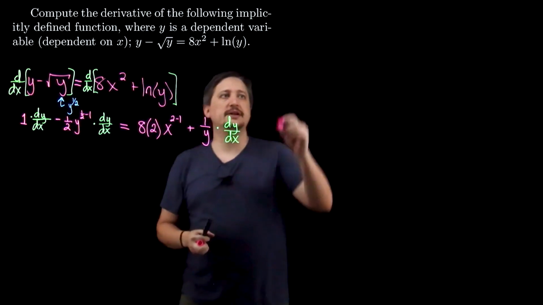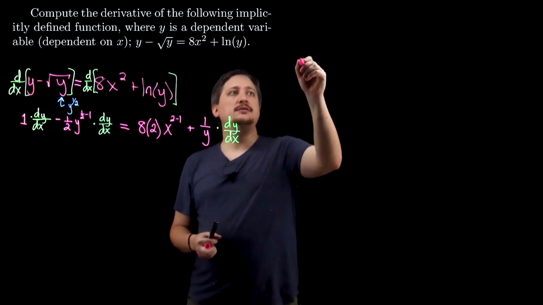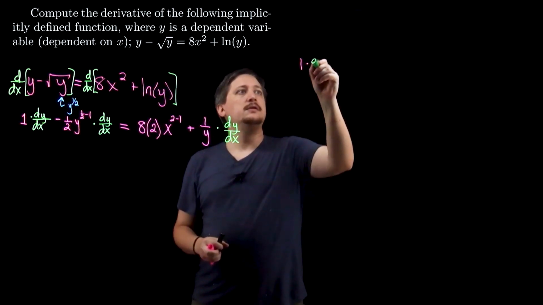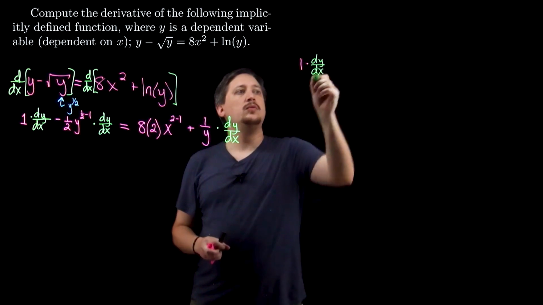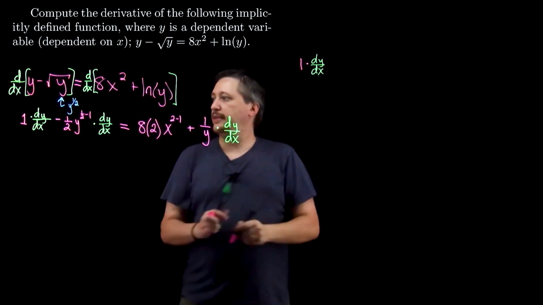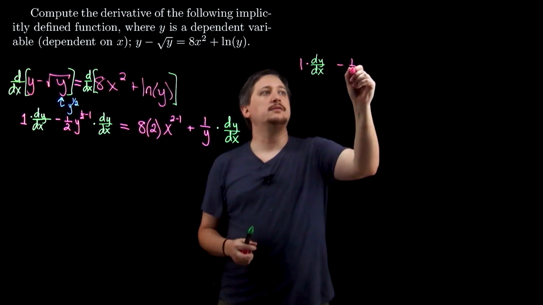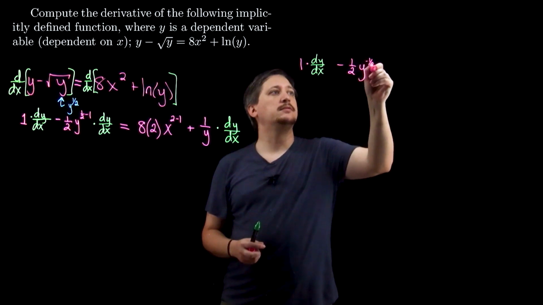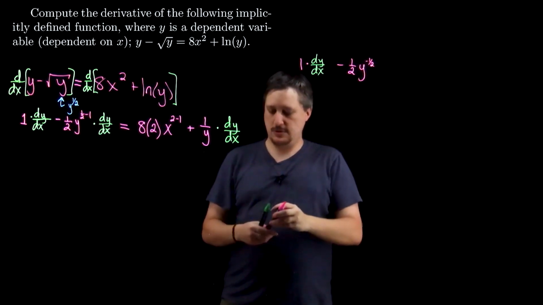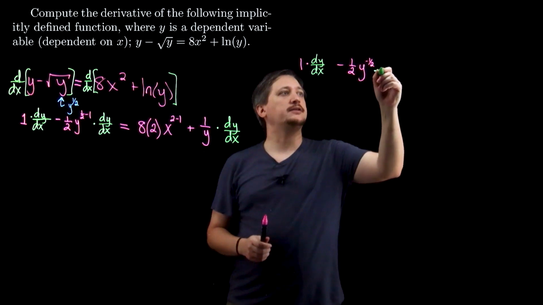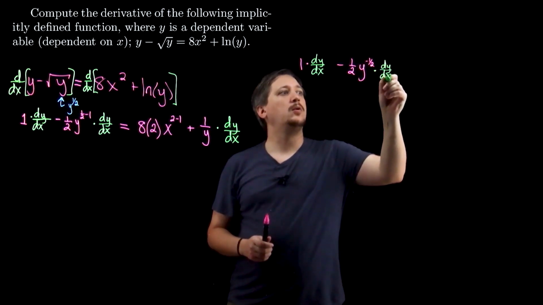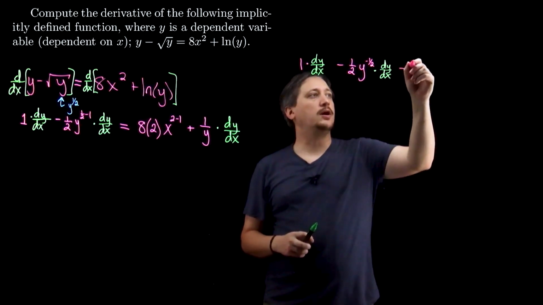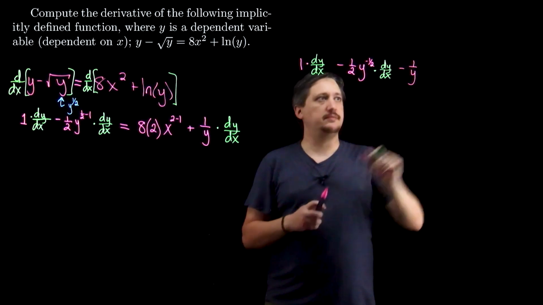I'm going to have 1 times dy/dx, and then minus 1/2 y to the negative 1/2, so that's the 1/2 minus 1, times dy/dx. And then this gets moved over, so I have a minus 1 over y times dy/dx.